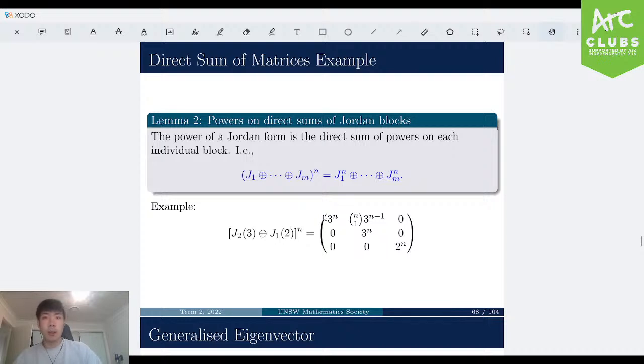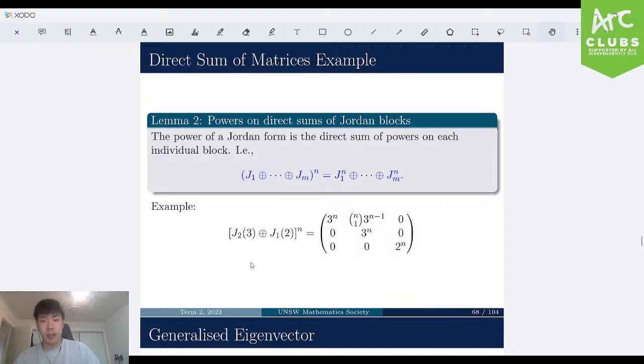And now here's another lemma with direct sums. If we're looking at Jordan blocks, then direct summing a bunch of Jordan blocks and then raising it to the power of n is the same as raising each individual Jordan block to the power of n and then direct summing it. Okay, so the example here would be the direct sum of J23 and J12 raised to the power of n.